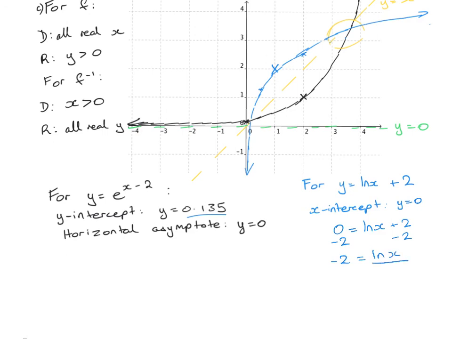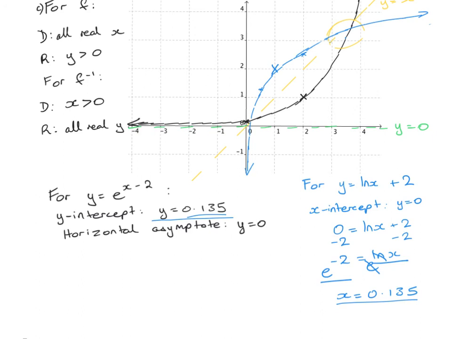Once the ln x is by itself, I can put each side to the power of e, cancel the ln, and get x equals e to the negative 2, and if you put that in your calculator, again you get 0.135, which corresponds to the y-intercept of the inverse of it. So it makes sense that we got the same value there. So that's the x-intercept. It didn't have a y-intercept, so we don't need to find that.